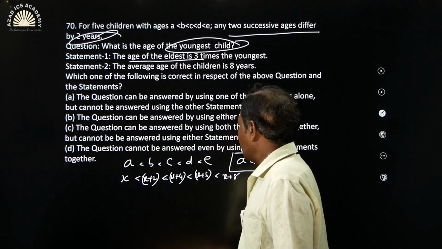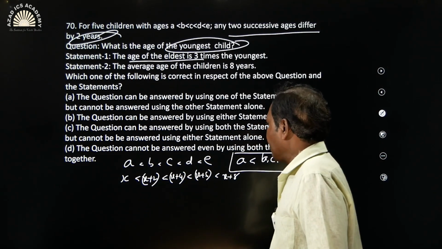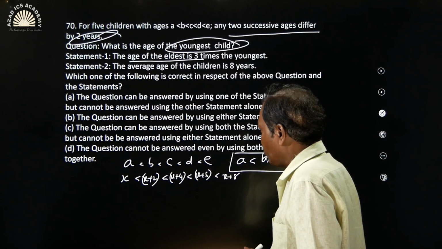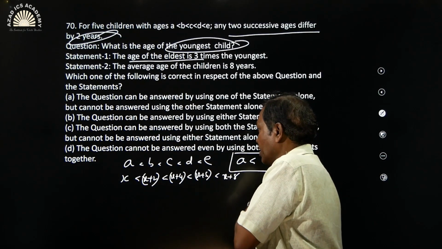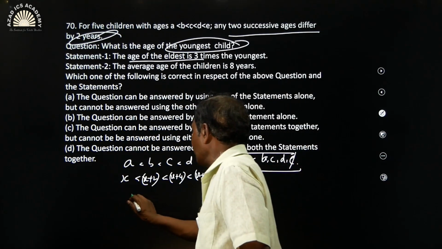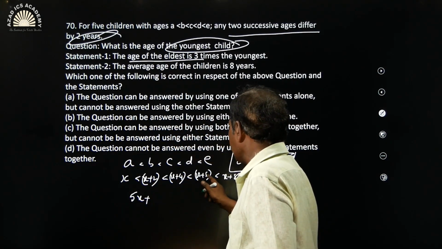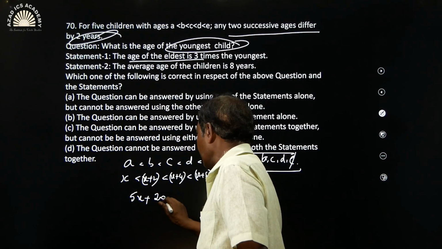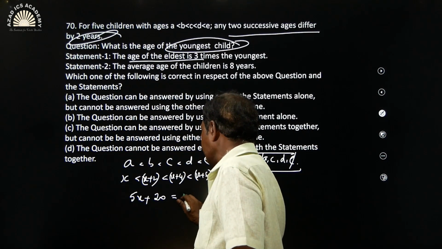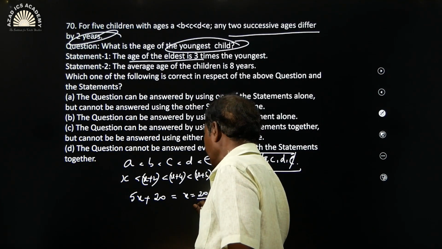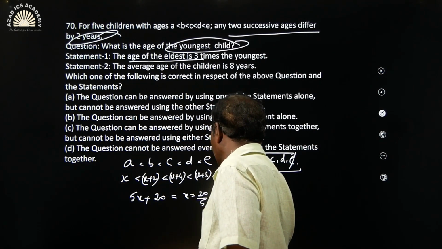Okay. Now we can see, notice the child A we don't decide it. How many X values are there? There are 5X. 5X plus 2 plus 4, 6, 12 plus 8, that is 20. X equals 20 by 5. So X value is 4.